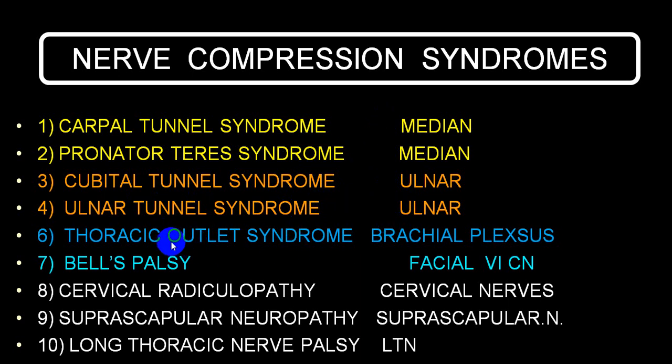I've already uploaded one video lecture on thoracic outlet syndrome. You can go through that, where you get a compression of the brachial plexus. Bell's palsy I have also uploaded, that is the compression of the seventh cranial nerve, or facial nerve, in the facial canal. Cervical radiculopathy is another very common condition which we come across in everyday practice, that is a compression of cervical nerves.